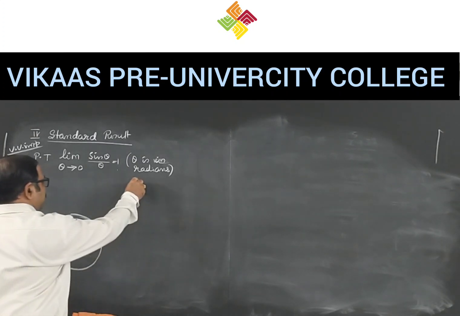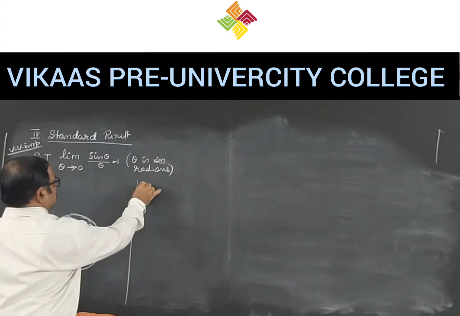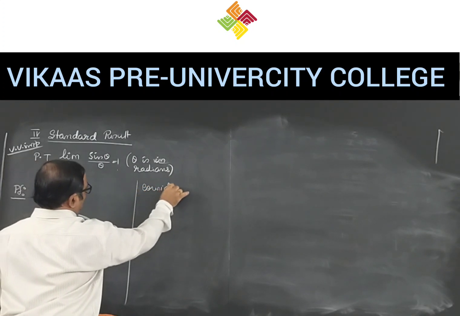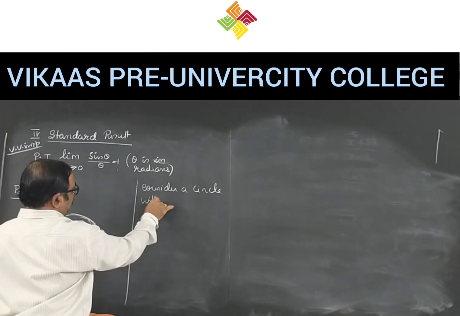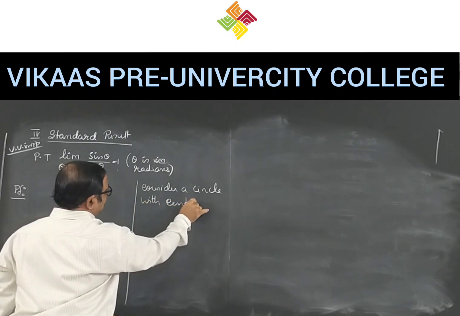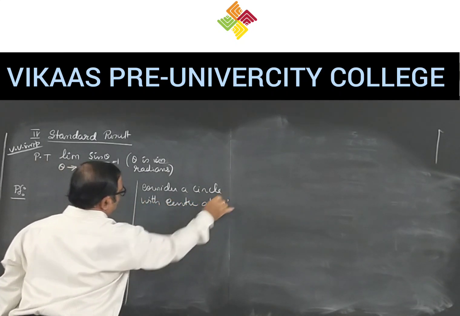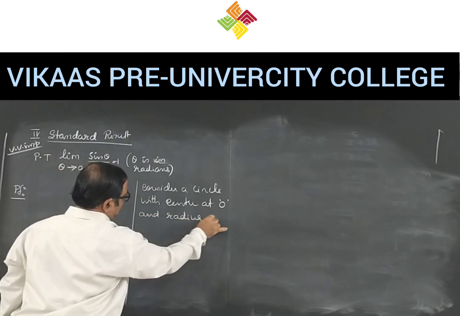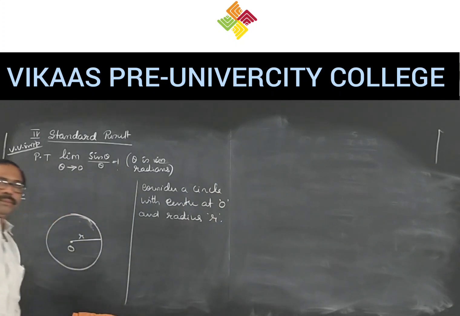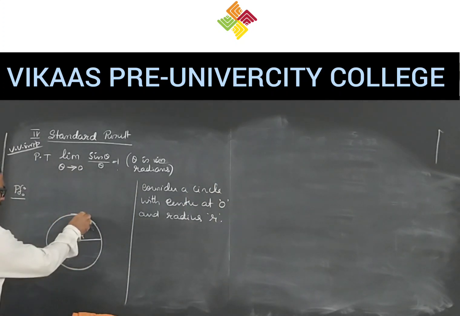So I am just writing, consider a circle with center at O and radius R. Now, you take two radii OA and OB.